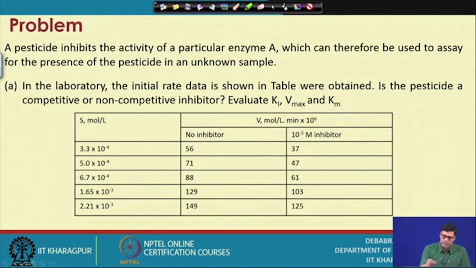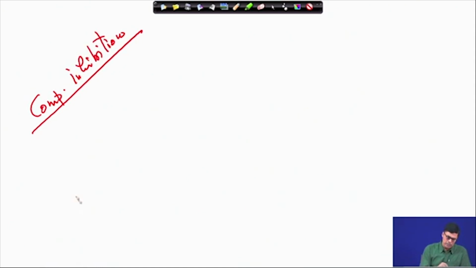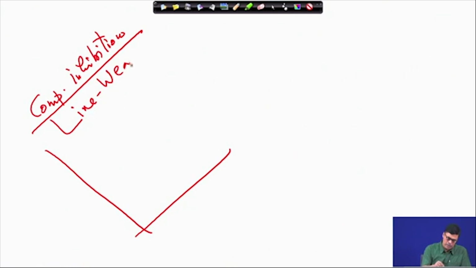Here I want to tell you that we have already discussed competitive inhibition, and how we can find out the competitive inhibition nature with the help of the Lineweaver-Burk plot. What is the Lineweaver-Burk plot?